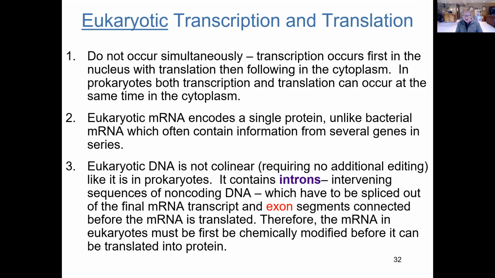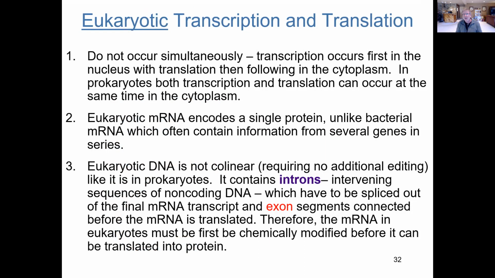And the other interesting thing I want to talk about is the fact that when you look at the transcription process in eukaryotic cells, I've led you to believe that once transcribed, that messenger RNA can then be translated, right? Well, I forgot to mention something about that, and that's the topic of our next little discussion.